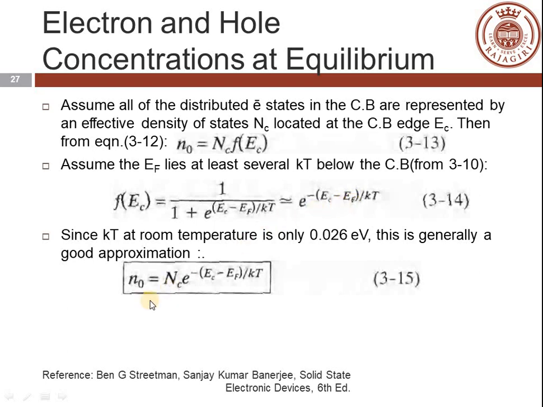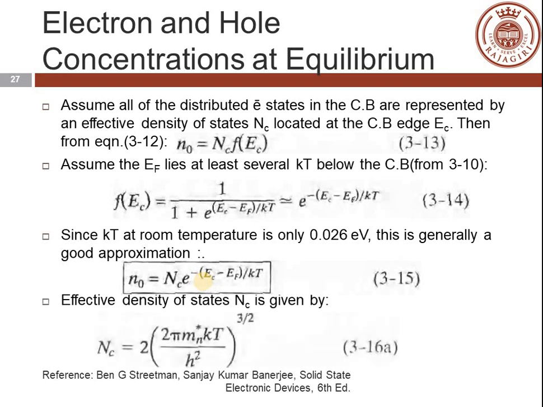You substitute it, you will get the expression n0 equal to Nc into e to the power minus Ec minus EF divided by kT. And this effective density of states Nc is given by 2 into 2 pi mn asterisk kT by h square all raised to 3 by 2, where mn asterisk is effective mass of electron and h is Planck's constant.